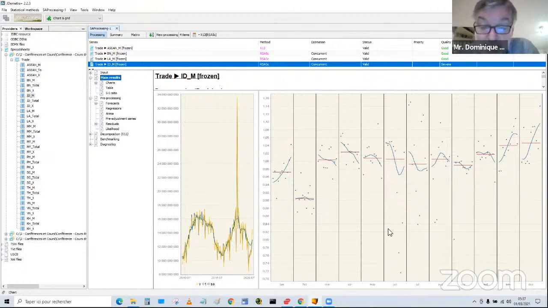So they are pretty erratic, but the seasonal component is clear. You see that February has a seasonal component of around minus 10%, something like that, okay? So it's a clear component.